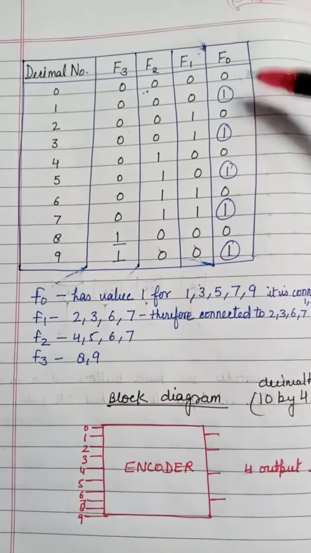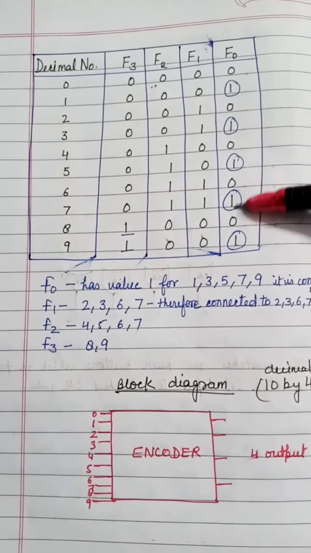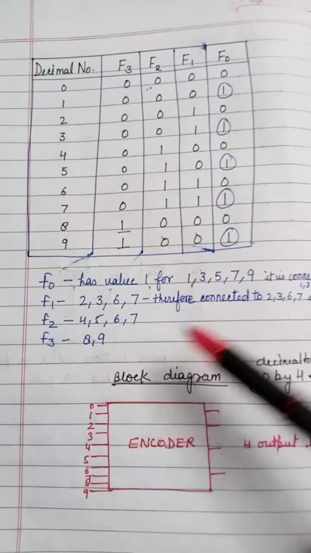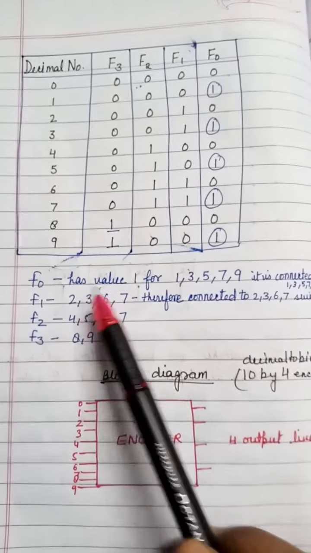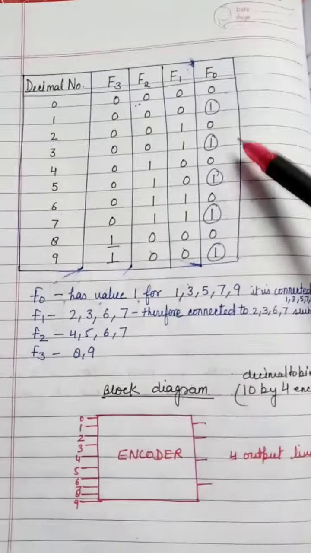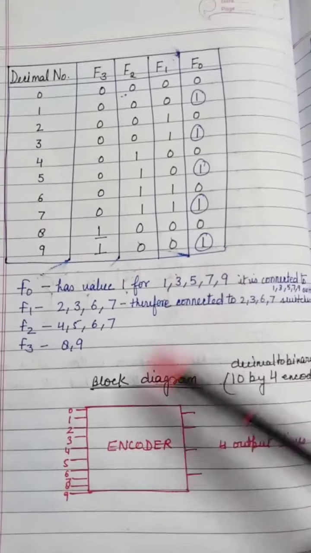Now check F0, wherever you are getting 1. Just write down the values. I have written that F0 has value 1, high signal, for 1, 3, 5, 7 and 9.